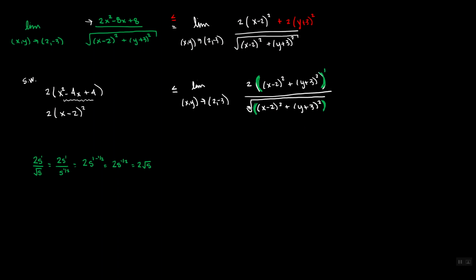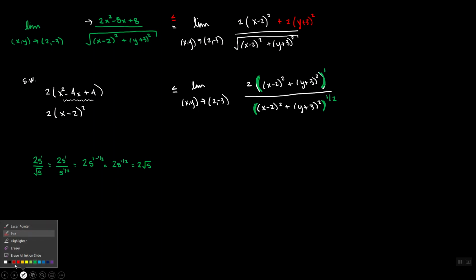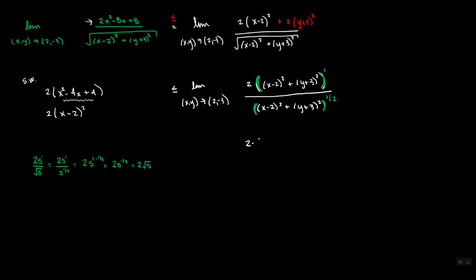So if I rewrite my square root as a power of 1/2, it looks a lot like what we have over here in our simplified version, which means we can rewrite the expression instead of 2 times these green parentheses divided by the green parentheses to the 1/2, we can write it as 2 times the green parentheses to the positive 1/2. Or if you'd like, you could write that as a square root. And now the denominator is gone because we combined those common bases.